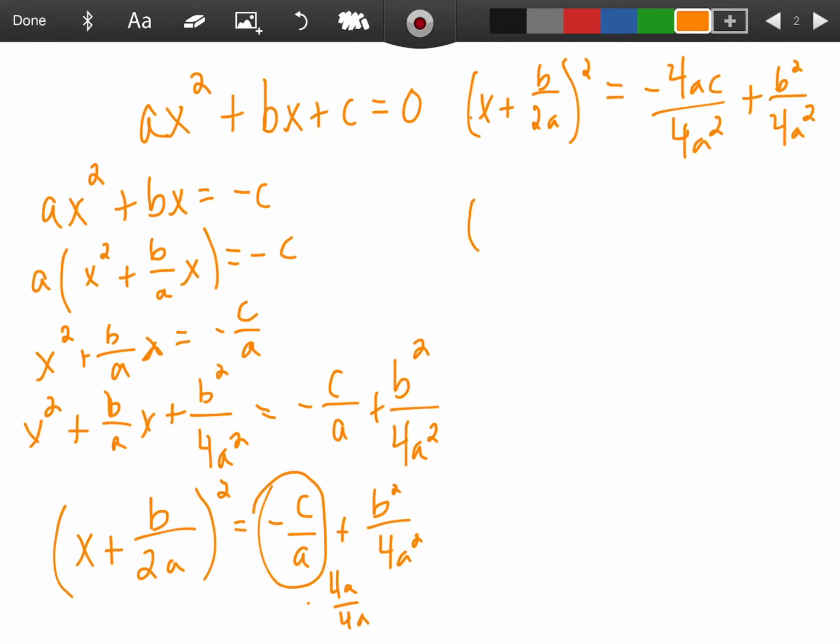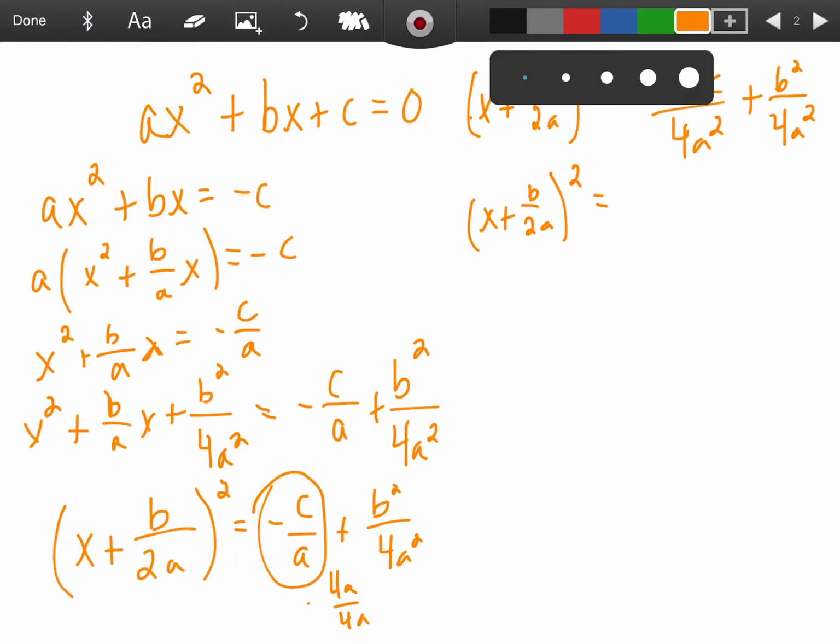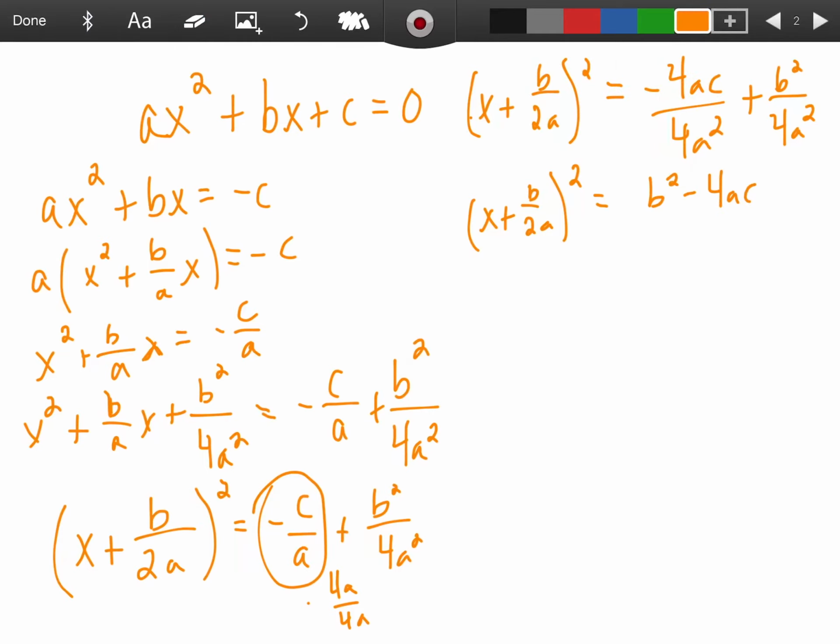Okay, we have a common denominator, so now we can simplify just by adding those together. So we get negative 4ac plus b squared, and I could actually rewrite that so it looks like b squared minus 4ac. Okay, if you remember what the quadratic formula is, you might see it starting to come together, all over 4a squared.